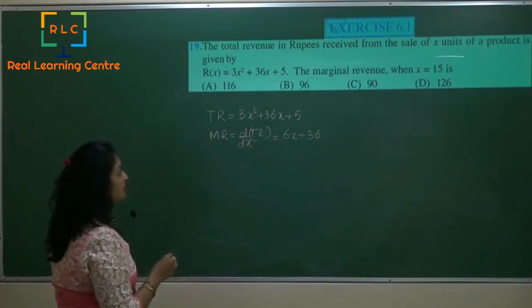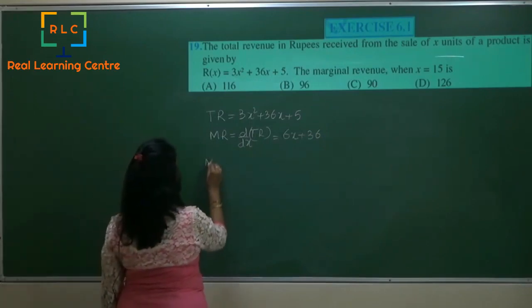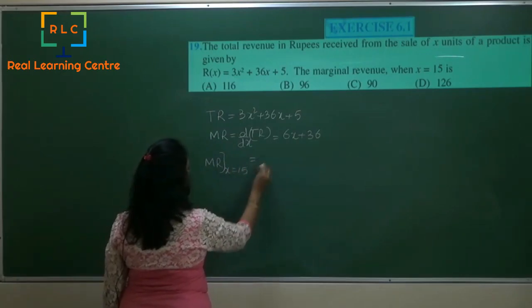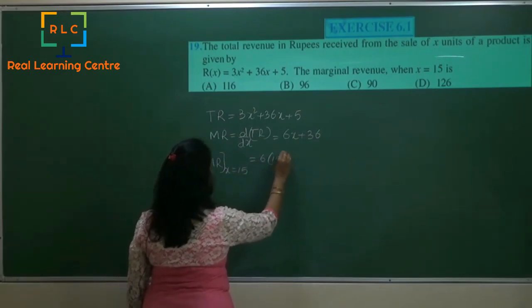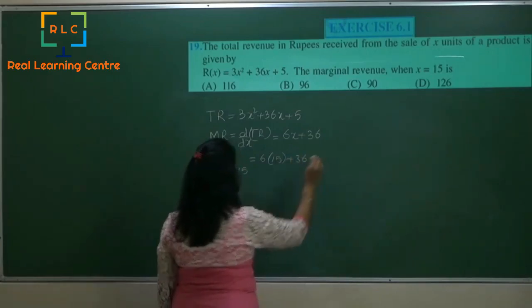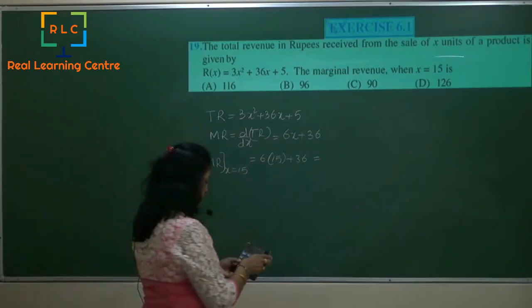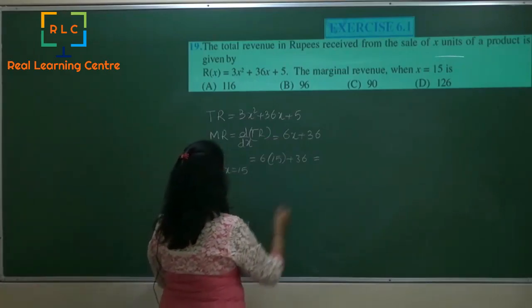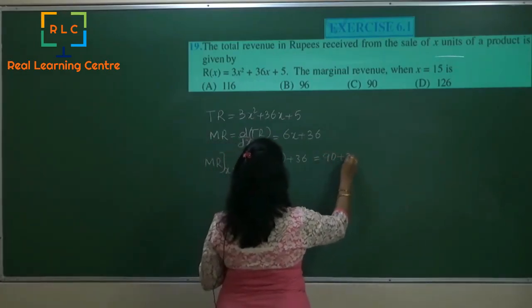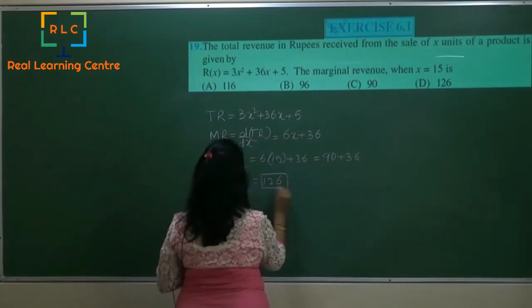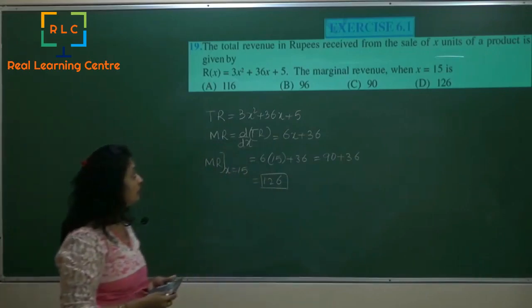But they want the marginal revenue when x is equal to 15. So marginal revenue when x is equal to 15 is 6 into 15 plus 36. 15 into 6 is 90 plus 36, which is equal to 126. This is the marginal revenue. 126, do you have?